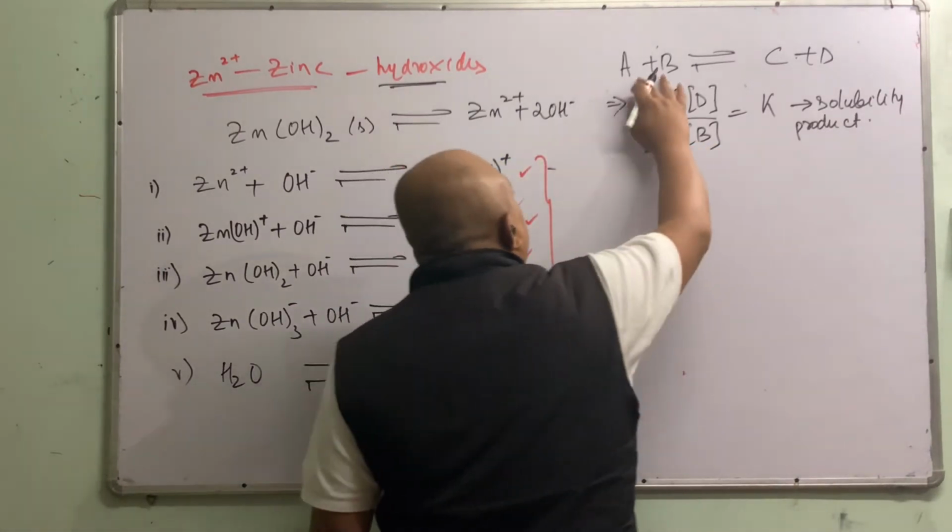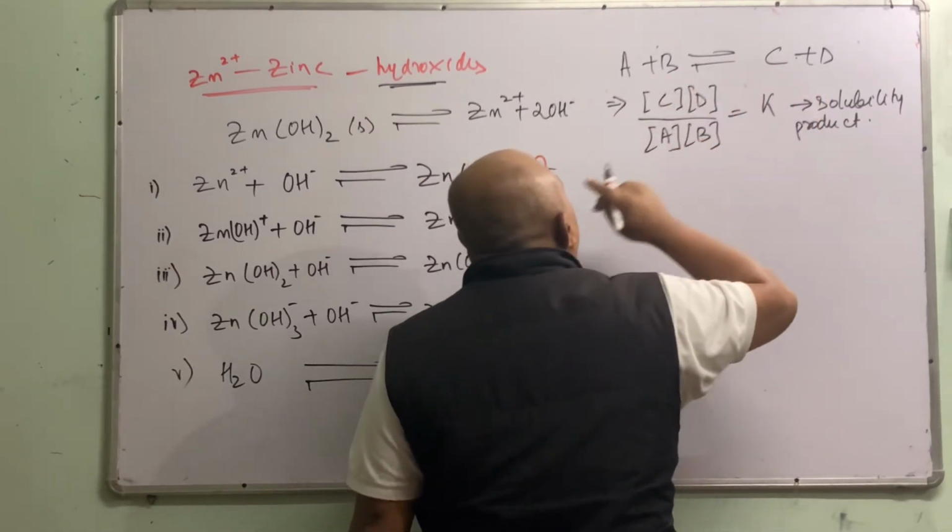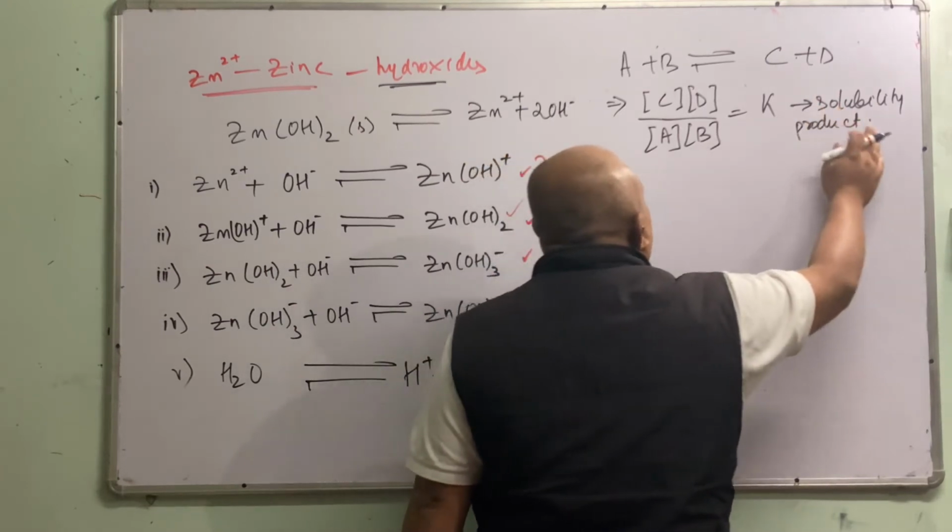So if any two reactants combine to form the product, the product divided by the reactant is a constant, and that is the solubility product.